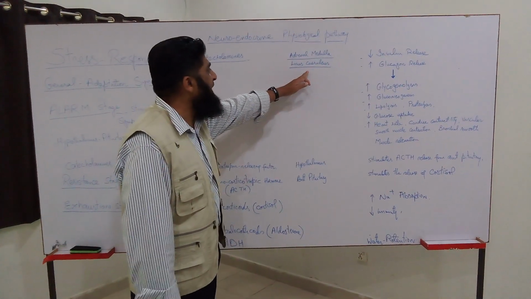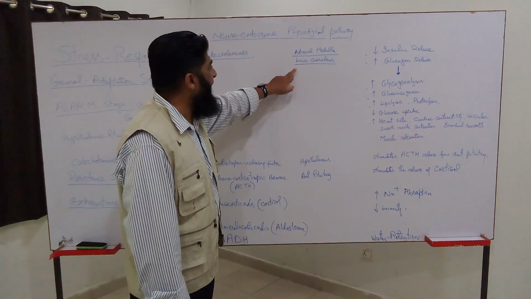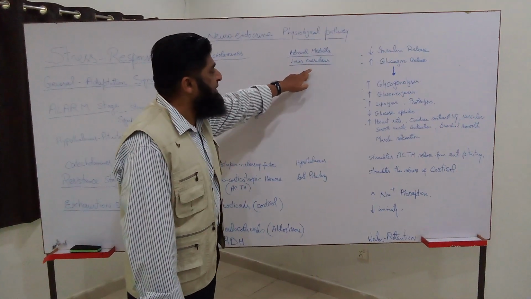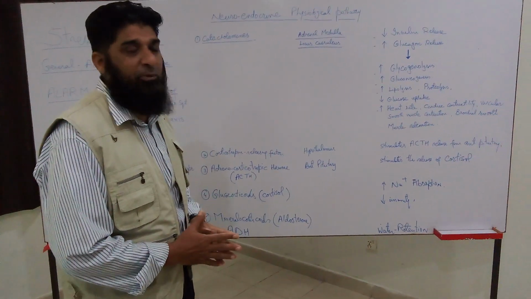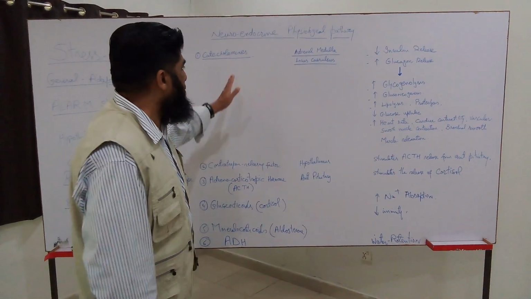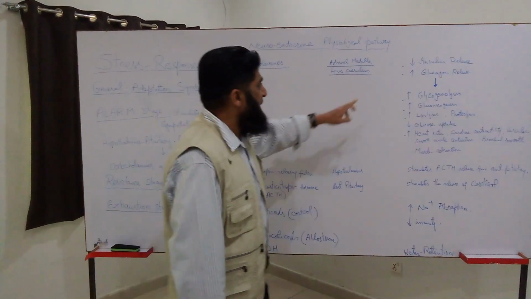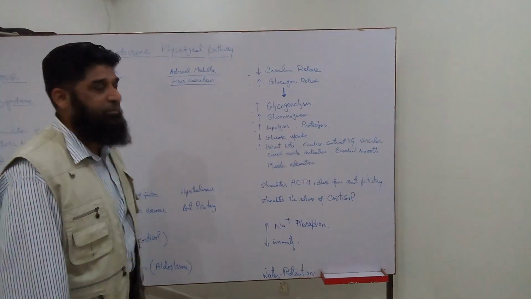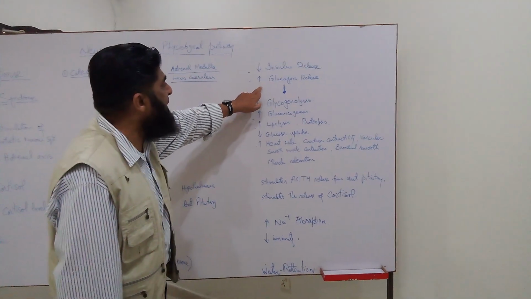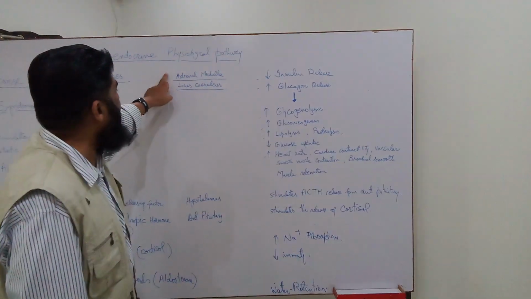They are released from adrenal medulla and locus coeruleus region of brainstem region. Students, as a result of catecholamines, there is decreased insulin release and increased glucagon release.